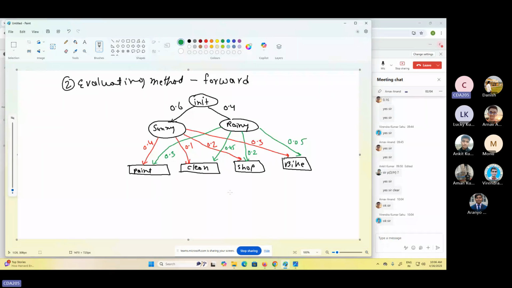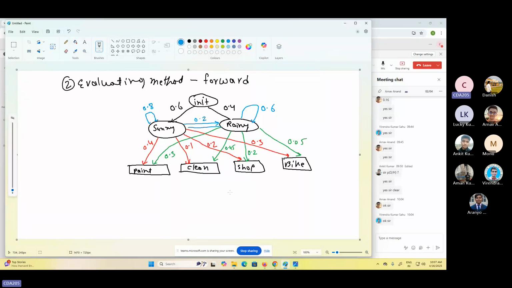Now we can say, if today is rainy, then what will be the chance of raining tomorrow? That is 0.6. And here it is 0.8. From sunny to rainy, it will be 0.2.